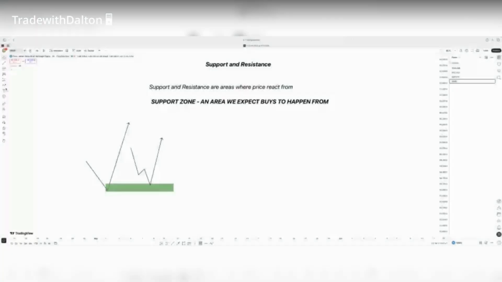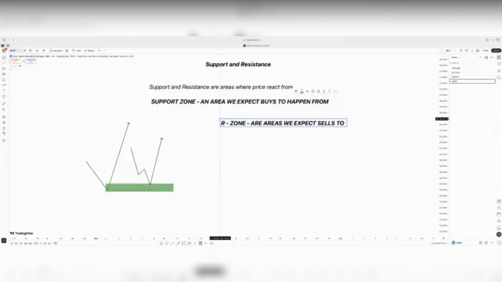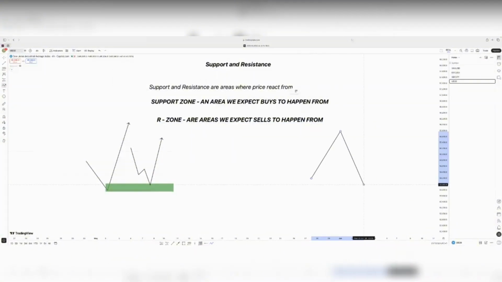Whereby a resistance zone is an area where we expect sells to happen from. So the visual representation of this will be this.